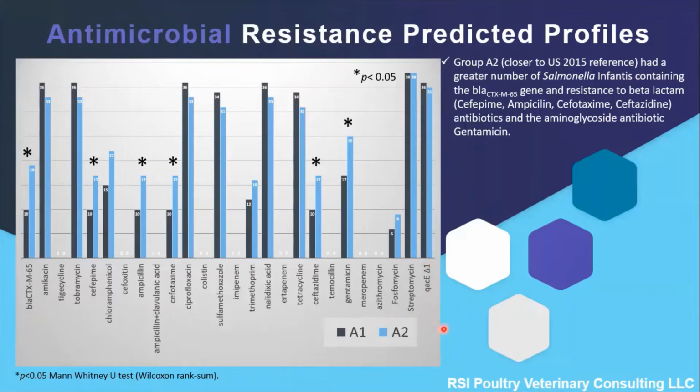We determined that the group A2 had more isolates carrying resistance to beta-lactam antibiotics and also to the aminoglycoside antibiotic gentamicin. Also, this group had more isolates containing the BLAST-TXM65 gene.